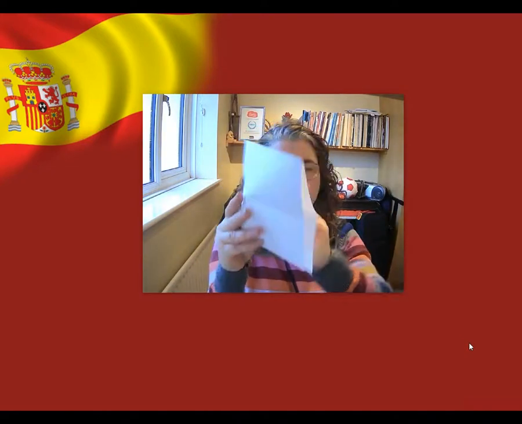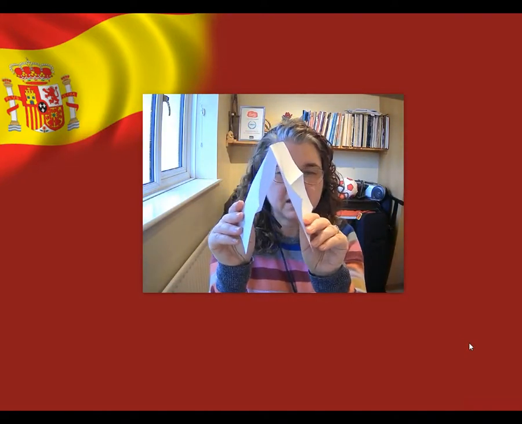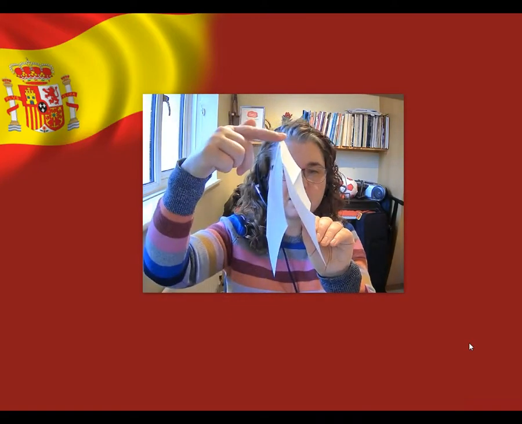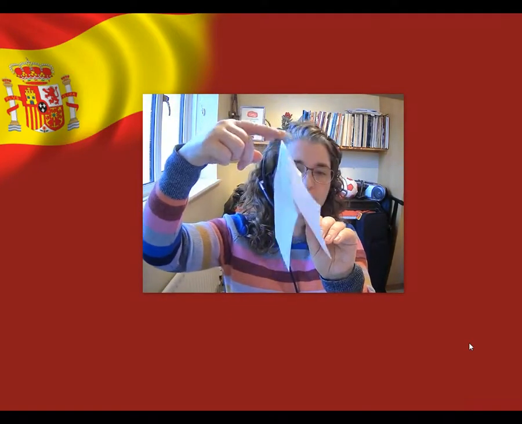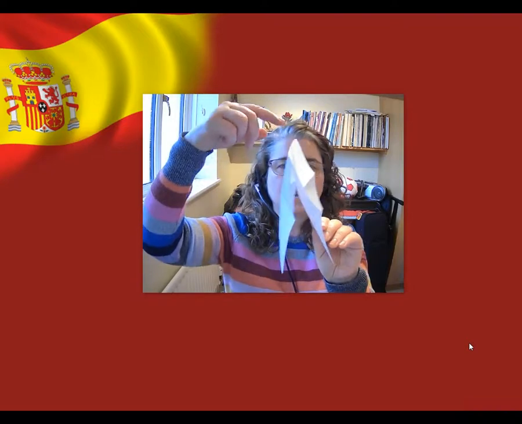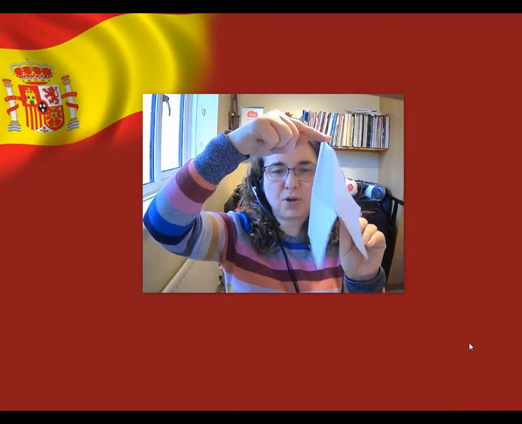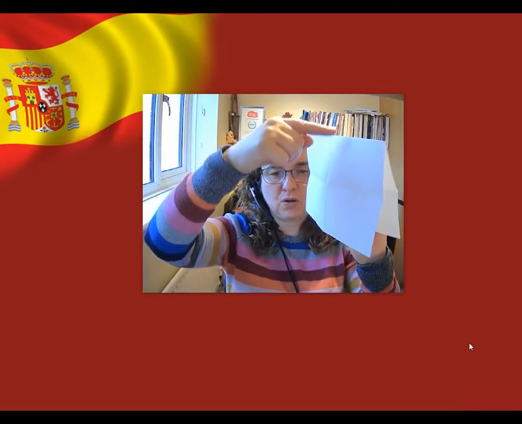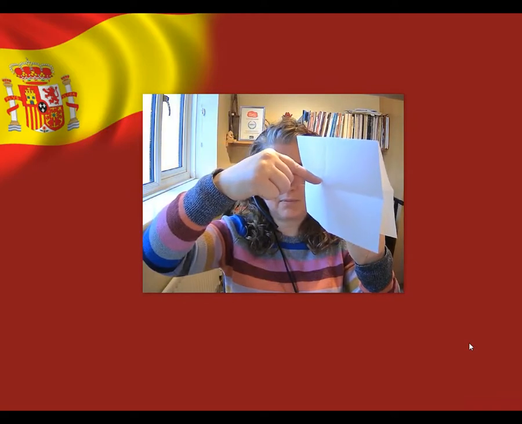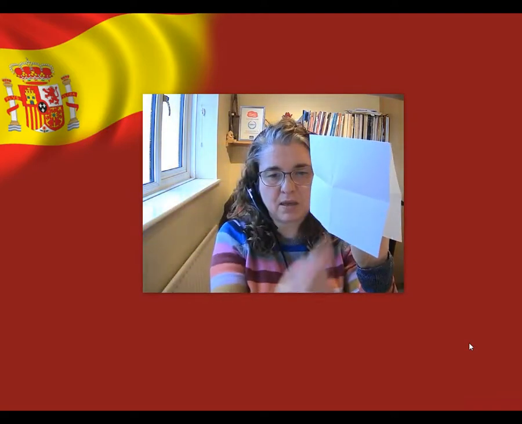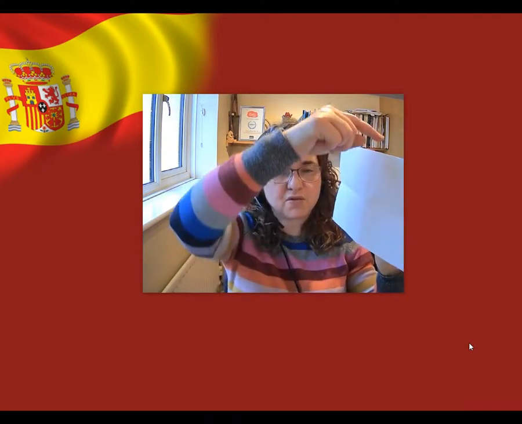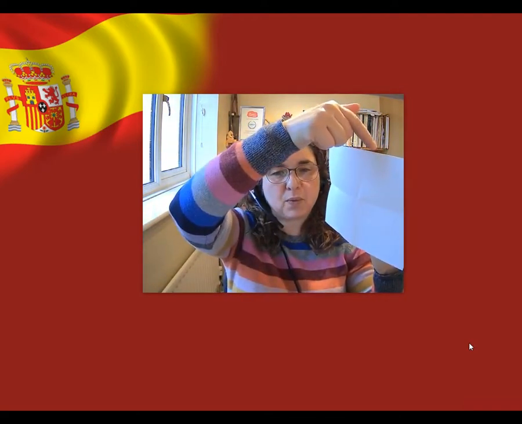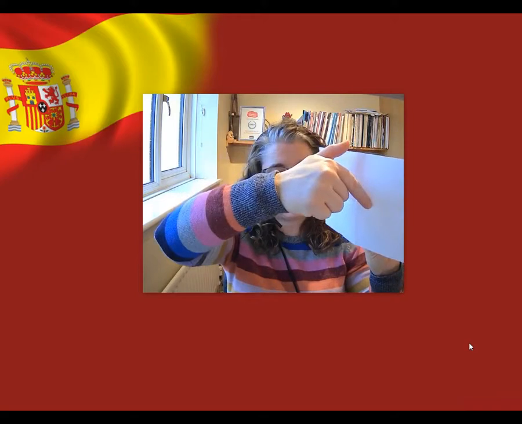So if I hold it like it was a tent, I need to find this center fold on the top fold here, because we're going to cut from the top of the fold down to the center. If you cut from that way up to the center, it's not going to work. So we need to cut from the middle of the fold, where the fold line is, down to the center.